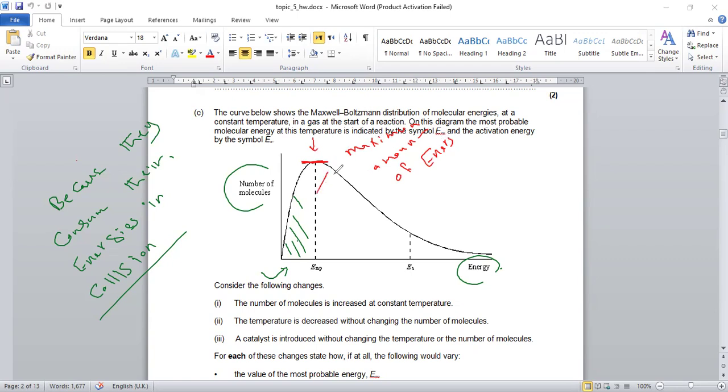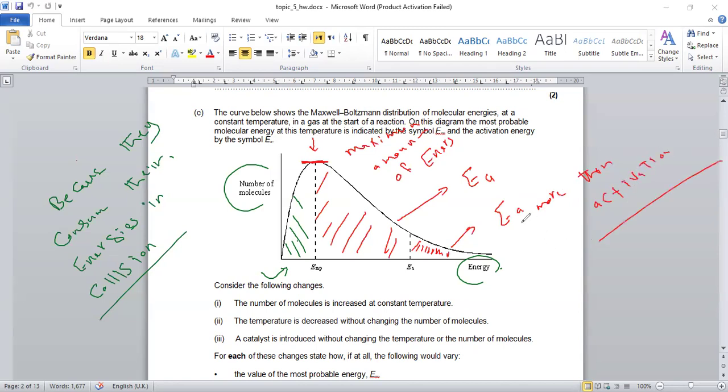Another area has molecules with energy equal to the activation energy. And this area is the number of molecules which have energy more than the activation energy. So you can conclude the Boltzmann curve discusses the effect of temperature on the energy of the molecules.